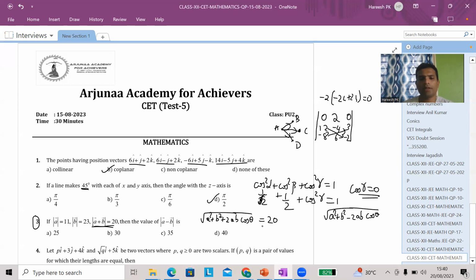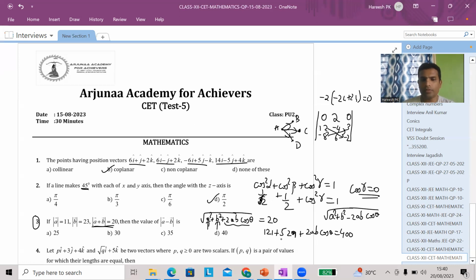So let's first find out how much is 2AB cos theta. So when I square on both sides, I'll end up getting A is 11, B is 23. So I'll get 121 and 23 square is 529 plus 2AB cos theta is 20 square. 20 square is 400.